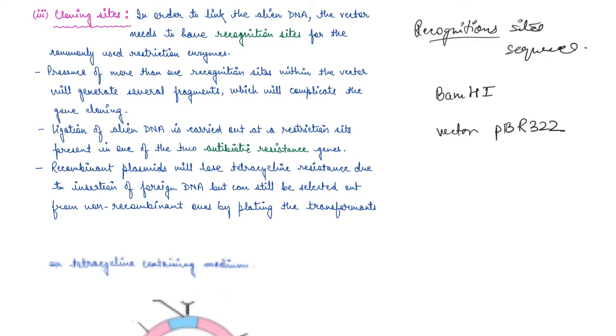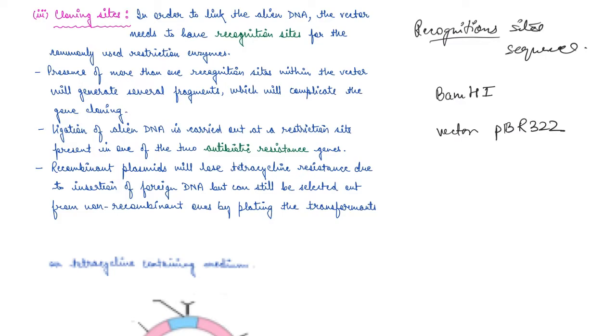The foreign DNA will get ligated at the site BamHI. Now, the recombinant plasmid will lose tetracycline resistance due to insertion of this foreign DNA, but it can still be selected out from non-recombinant ones by plating the transformants on tetracycline containing medium.